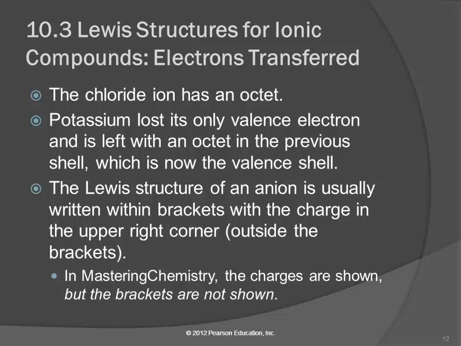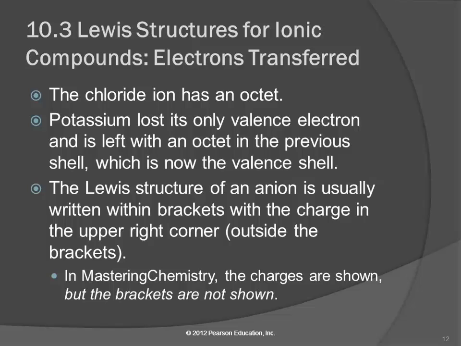A student asked yesterday, why don't we show the potassium ion with 8 valence electrons? Well, we don't want to be bringing dots into the Lewis structures. It would get very confusing, because here we had 5 dots, and now all of a sudden we have 8 dots. And where did those dots come from? Well, they're from the core electrons. No, we're only looking at the original valence electrons.